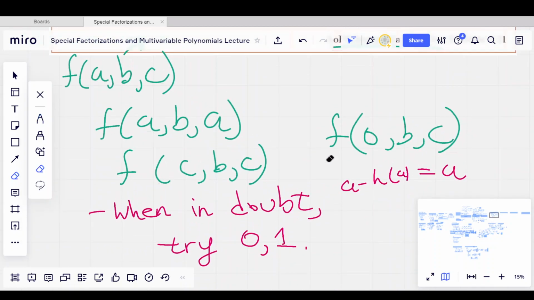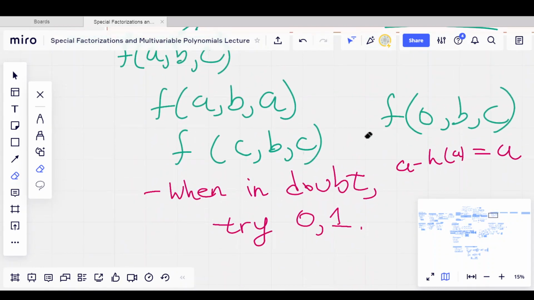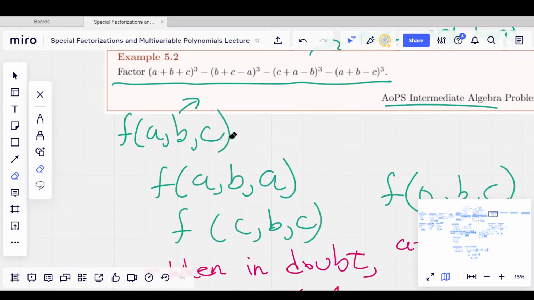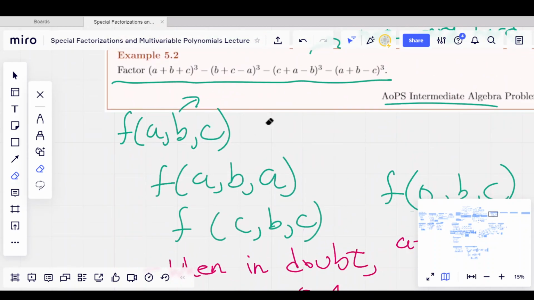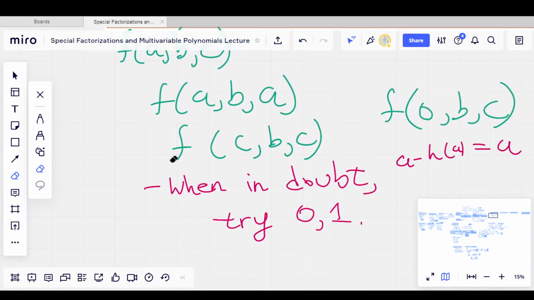So you plug in 0 for a, or b, or c. So actually, let's try that.